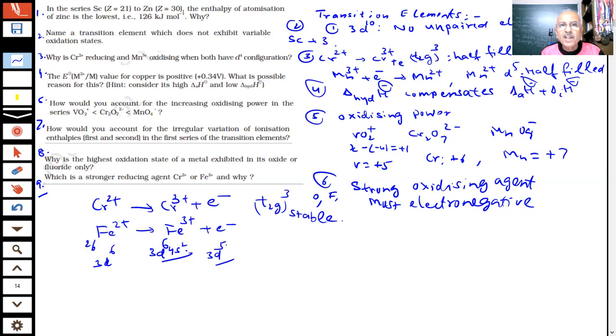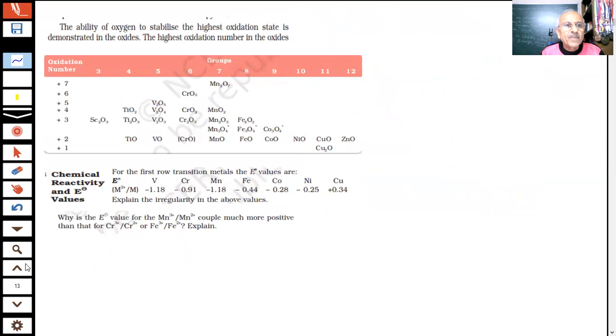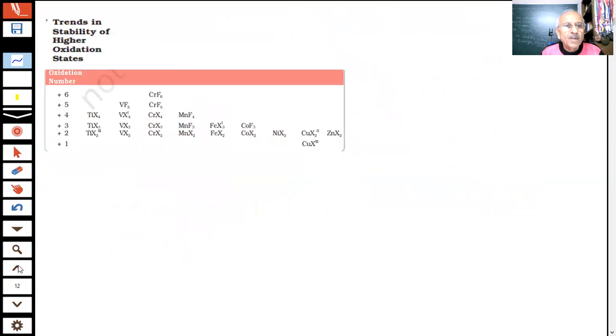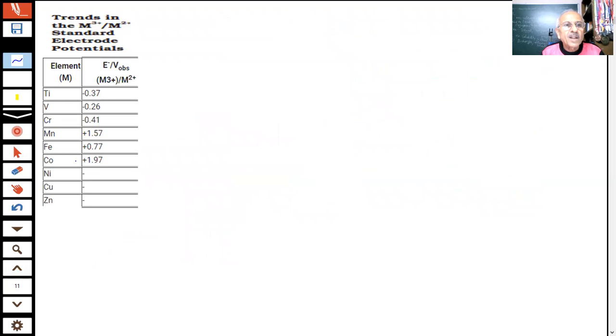What is the electrode potential value of iron 2+ to iron 3+? We had some value somewhere. Iron 3+ to iron 2+ is 0.77. And what is chromium 3+ to 2+? Minus.